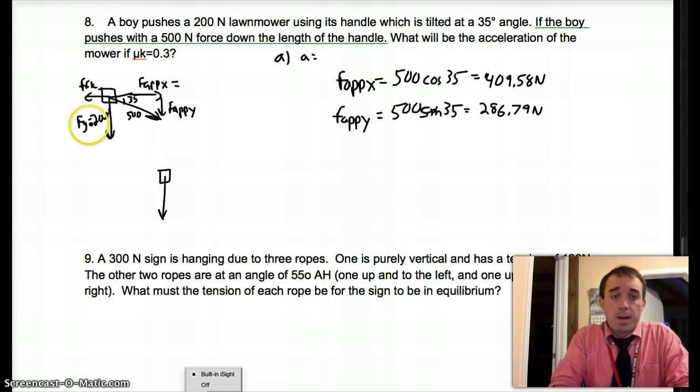Alright, so, redrawing this, we have two forces acting down: FAPPY and FG. 200 for the FG, 286.79 for the FAPPY.